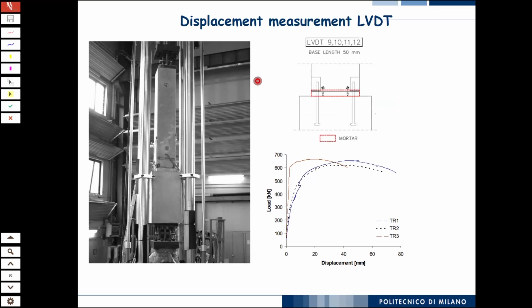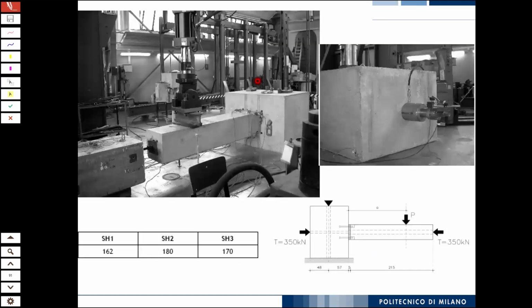So we built up a column block, and this was the connection here. You see, we tested horizontally. You can see here, this is a jack, and this is the counterpart, a Dywidag bar. I think it was 40 millimeter diameter. So we apply the contrast plate here, and then the Dywidag bar passes through a hole here, and you apply the force here. And this is to simulate the axial force that you have in the column.